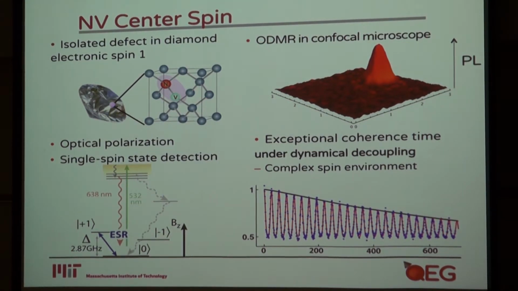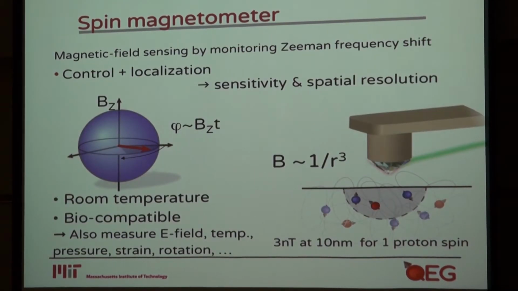So the NV centers have been proposed to be used as a magnetic field sensor. And the idea is very simple. You have just a spin, which acts as a magnetic dipole. And so it will be really sensitive just to the presence of any external magnetic field by its Zeeman frequency shift. So one thing that you can do is just to do, for example, a Ramsey type sequence.